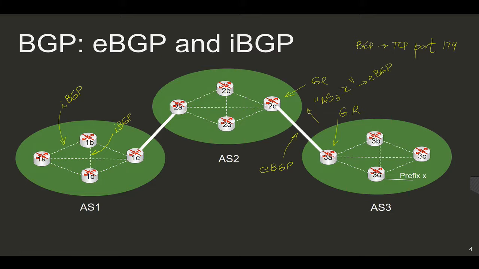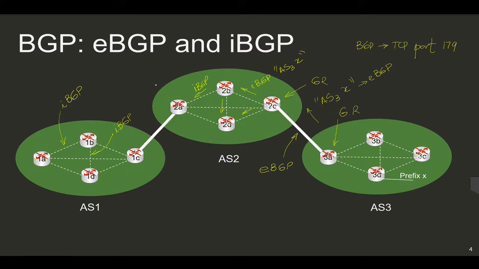This router here is going to use iBGP to propagate the existence of the fact that we can reach autonomous system 3 and then also prefix X. This message is going to propagate through the internal network using iBGP sessions, and eventually we're going to get to our gateway 2A.